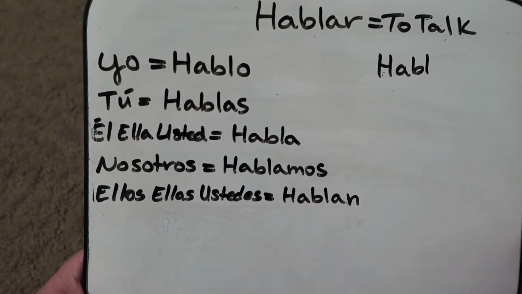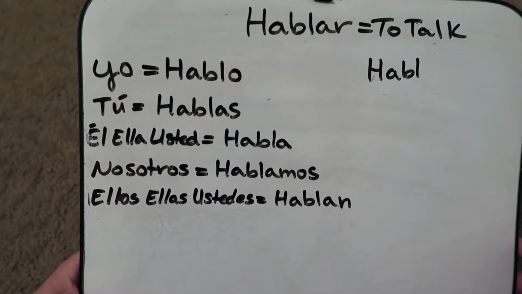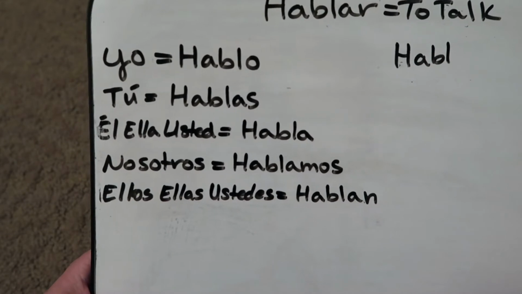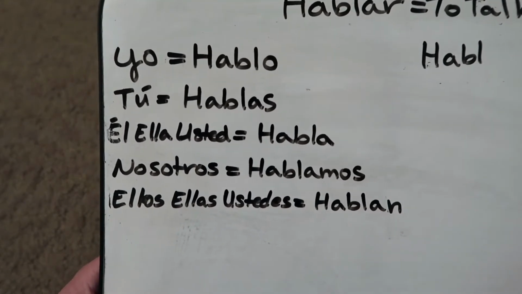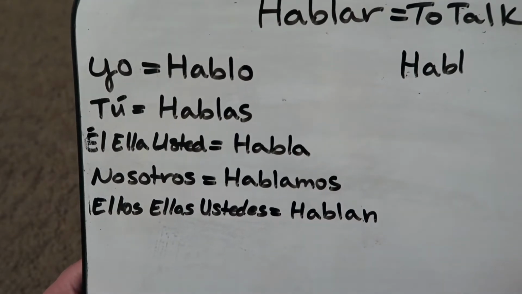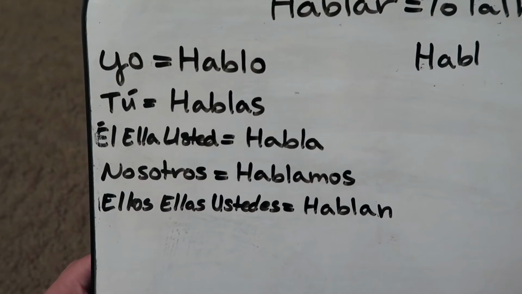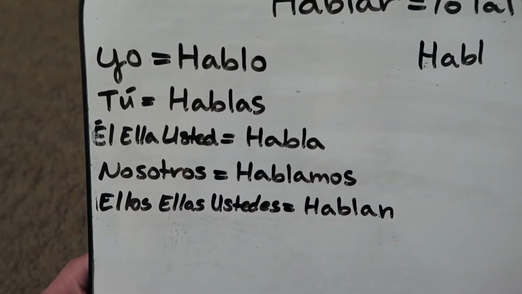So if you're conjugating for yo, which is I, you will have hablo, because you take off the AR and you put on the O ending for the yo or I form. For tú, you're going to have hablas, because you take off the AR and you put on the AS ending for conjugating for the you familiar form.